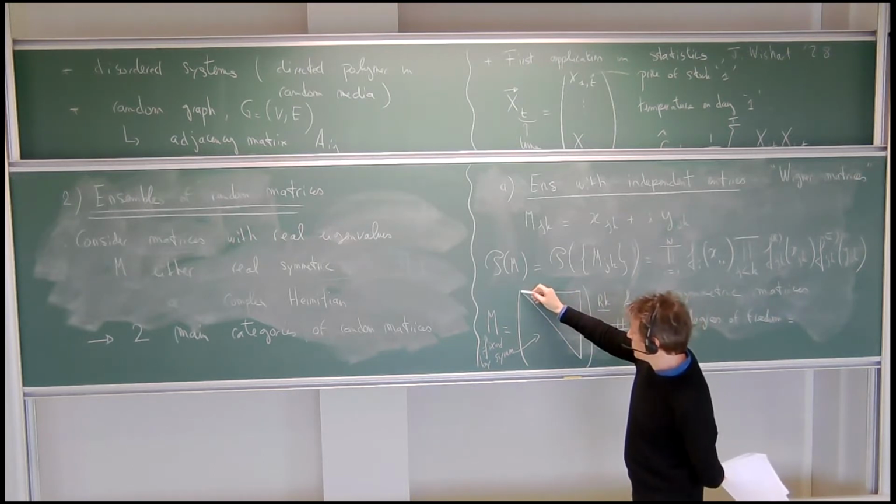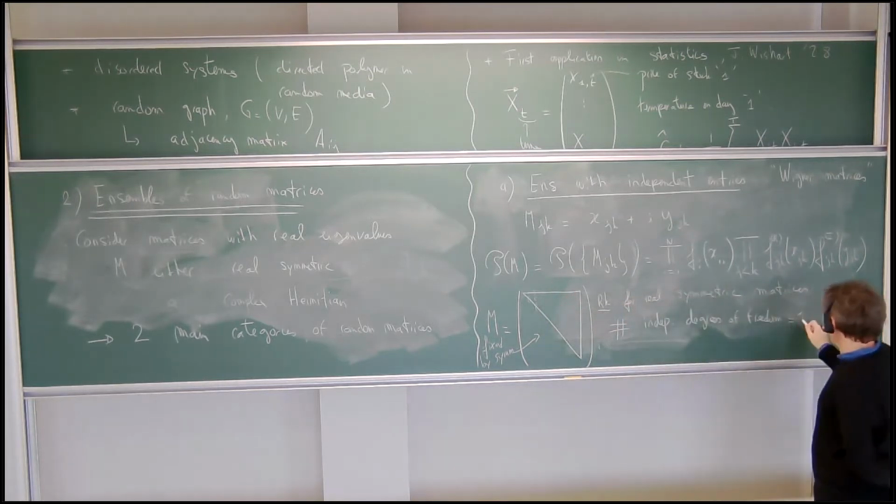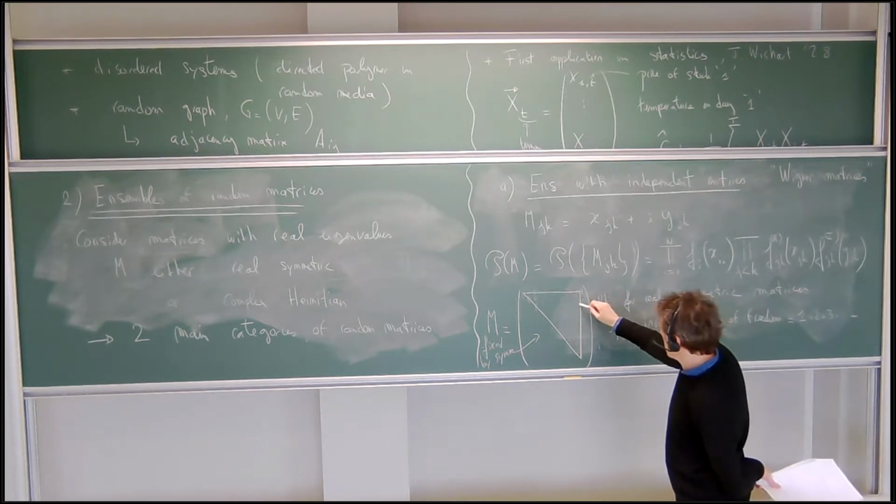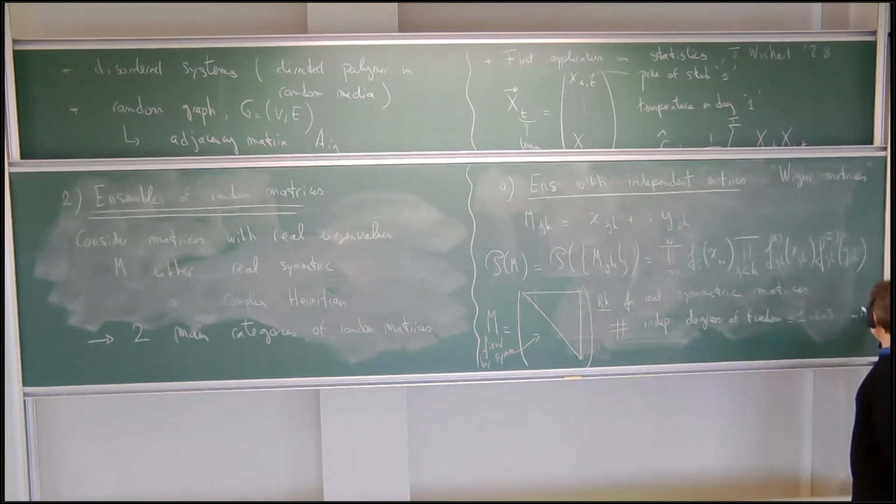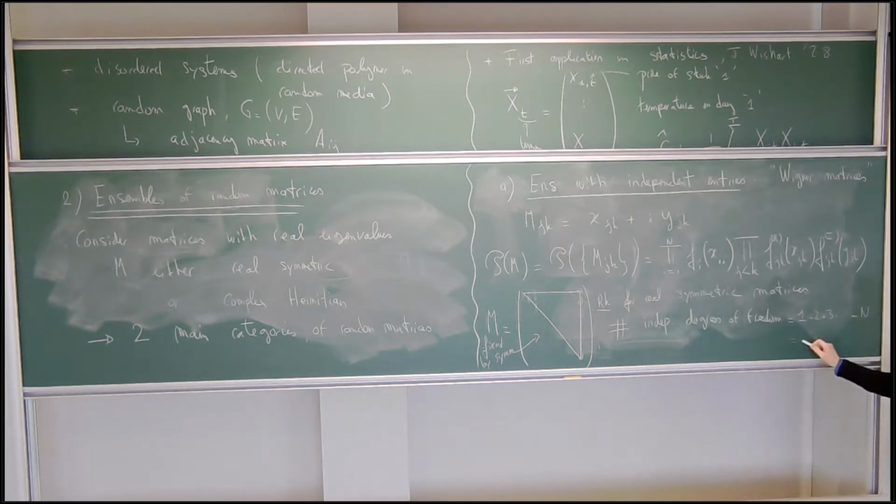So on this line here I would have one entry, then here I would have two, and here I would have three, et cetera. So this is just 1 plus 2 plus 3 plus, up to this last line where eventually I will have N entries. So that's just N(N+1)/2.